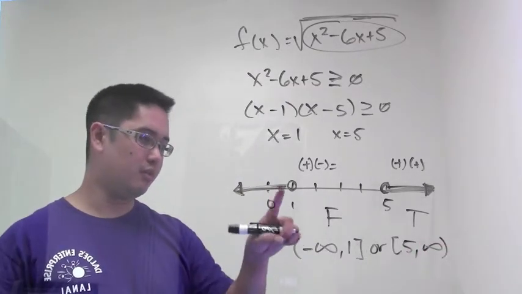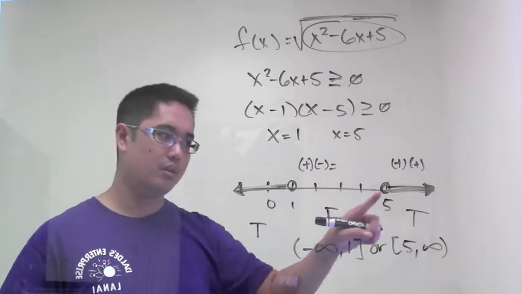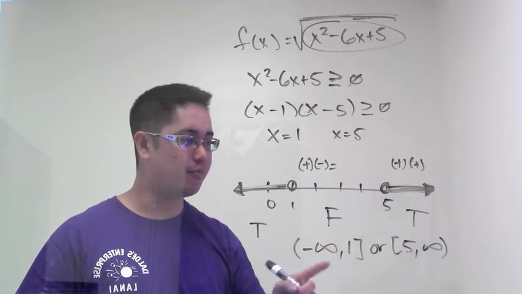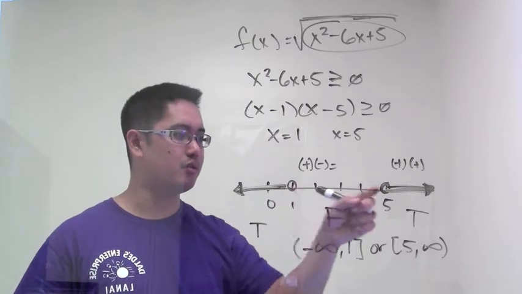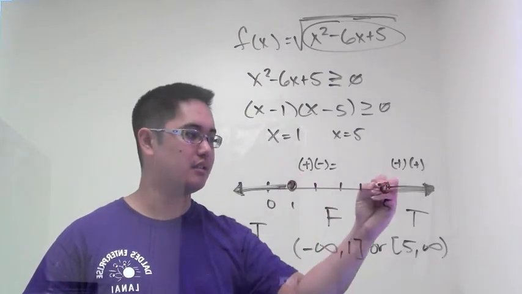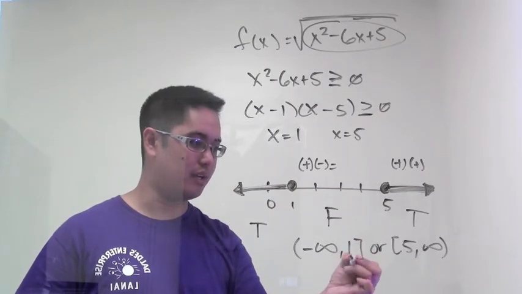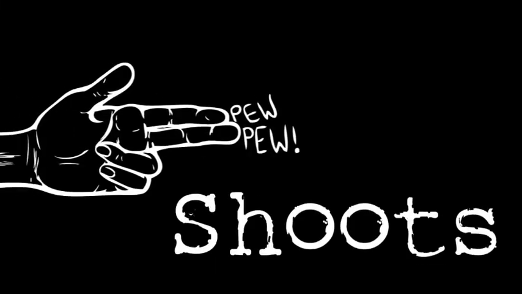So it can either be anywhere in this area over here or anywhere in this area over here. And the reason why I have brackets on those is because there's an equal to part. I should fill in these dots because of that equal sign, so that way I put brackets instead of parentheses on.